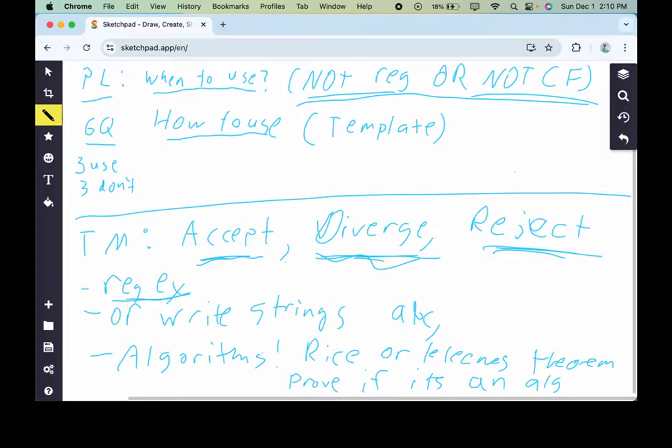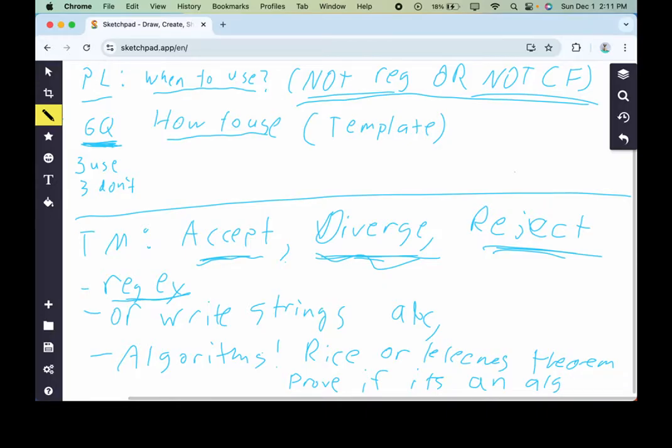But for today's session, we're going to try to focus mostly on pumping lemma, both cases, and Turing machines: accept, diverge, reject. So this is the main stuff that you'd want to focus on. Pumping lemma will likely have the brunt of the questions.